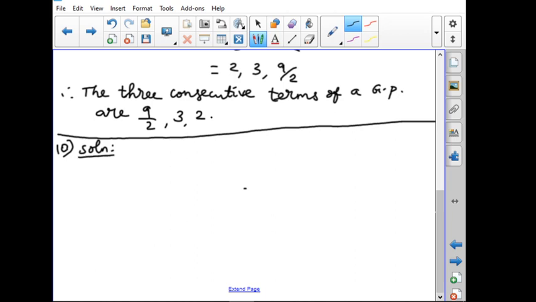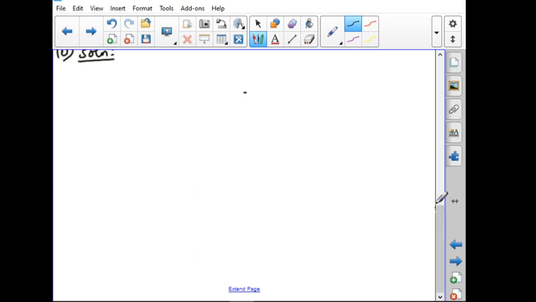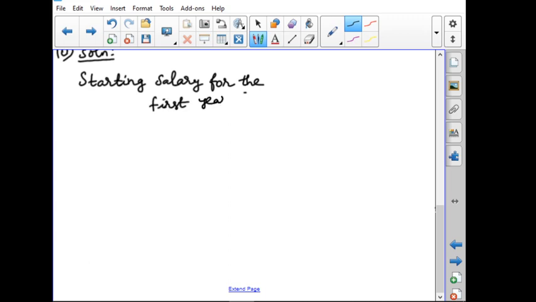In every problem, first you have to write what is given, because the given also carries marks. What is given in the 10th one? Starting salary for the first year, that is rupees 60,000.